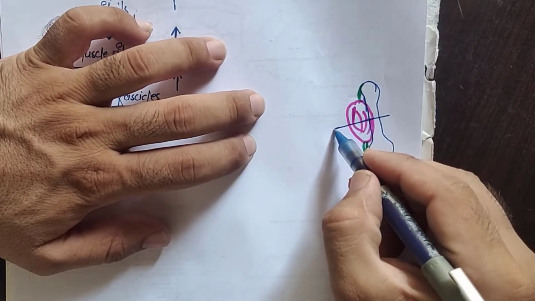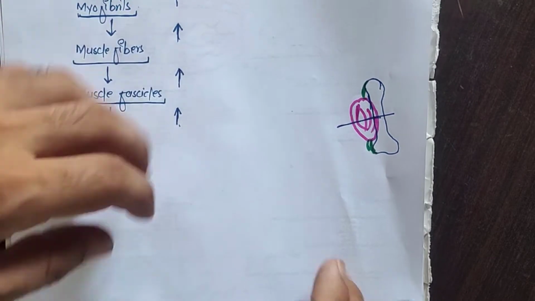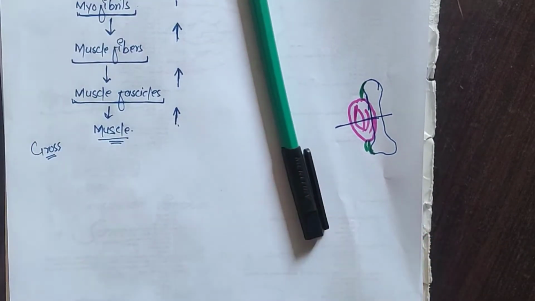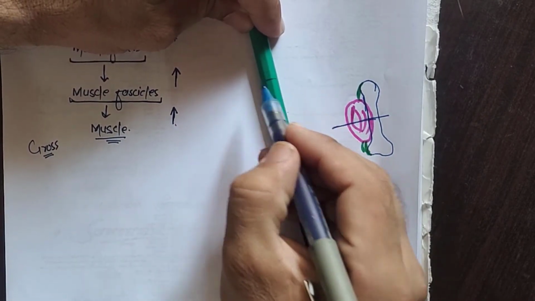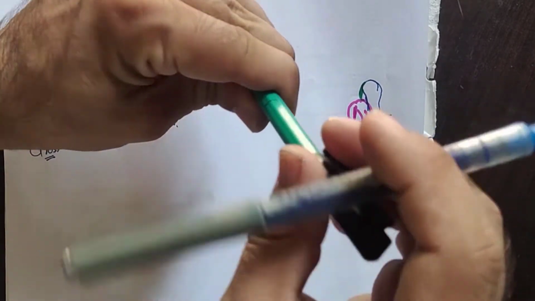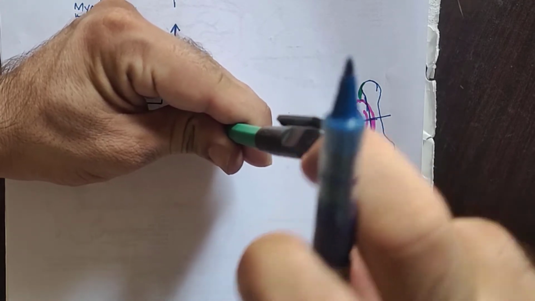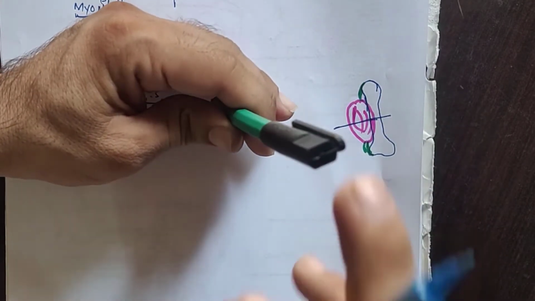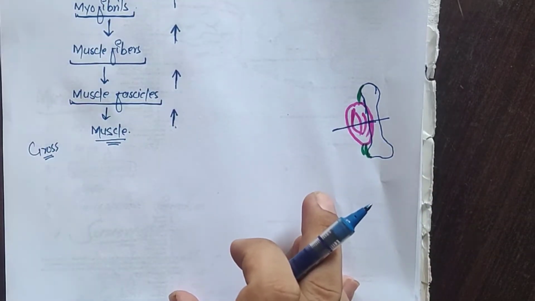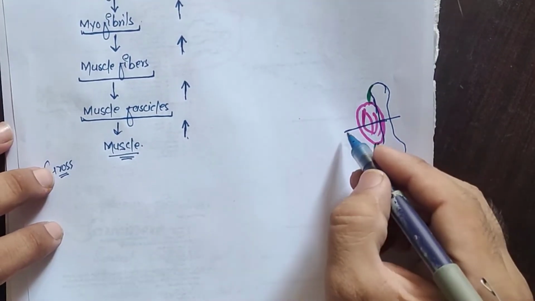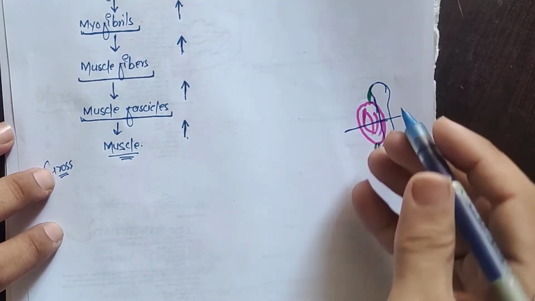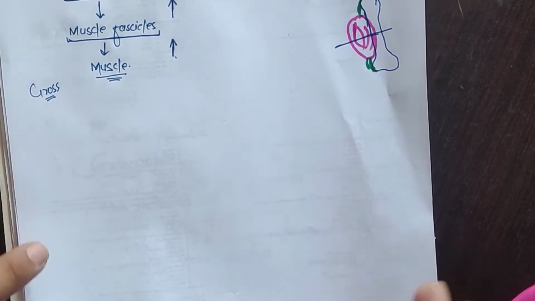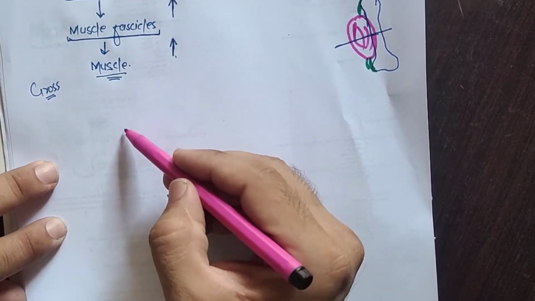I will cut this muscle and I will show you the inside of it, right. What is present inside? So this will be our whole combination, right. We made a section here, don't worry friends. So let us see in this diagram very clearly.